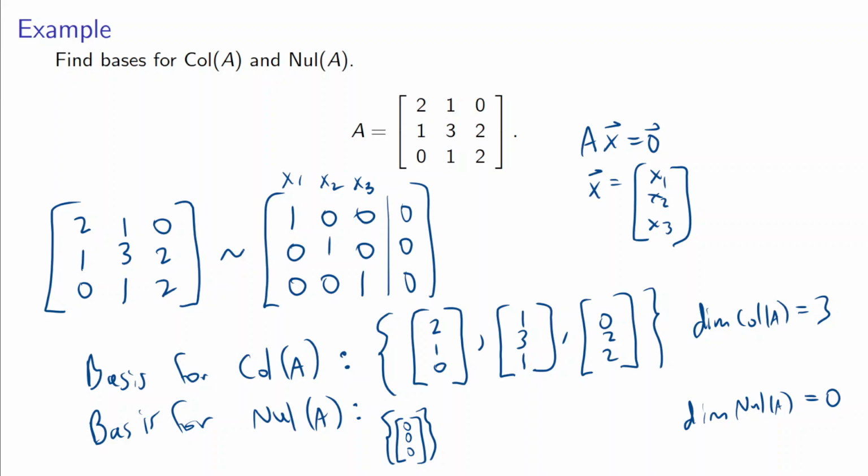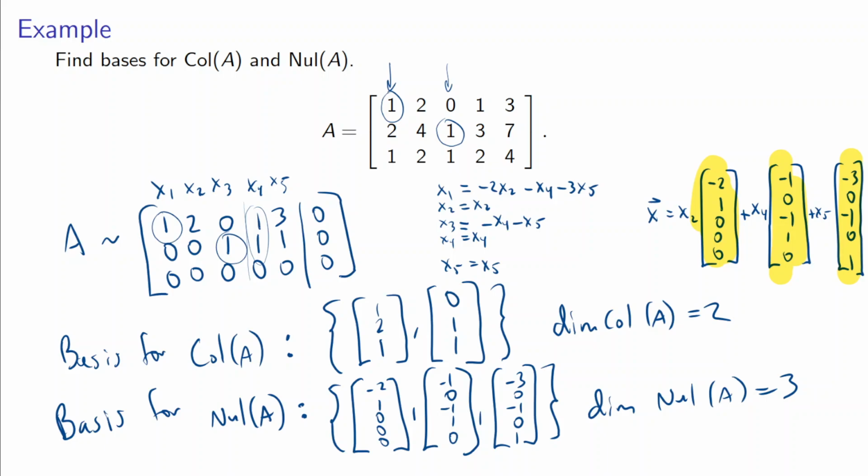Here, the dimension of the null space is 0, which is equal to 3 minus 3. And this is one of the reasons it's important to identify this dimension as 0 when it just contains the 0 vector. Here we see that the dimension of the null space is 3, which is equal to the number of columns, 5, minus the rank, which is 2.